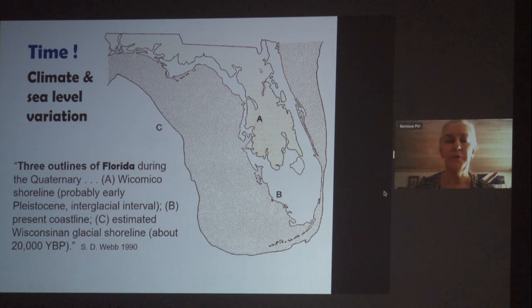And then conversely, as many of our speakers have noted, with drops in sea level connected with peaks in glacial periods and so on, much of the Florida platform was exposed. And so plants and associated fauna colonized this outer plain.